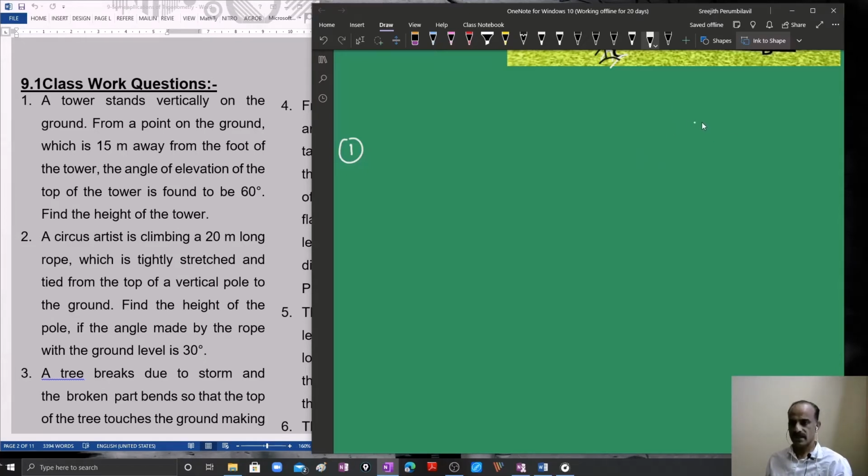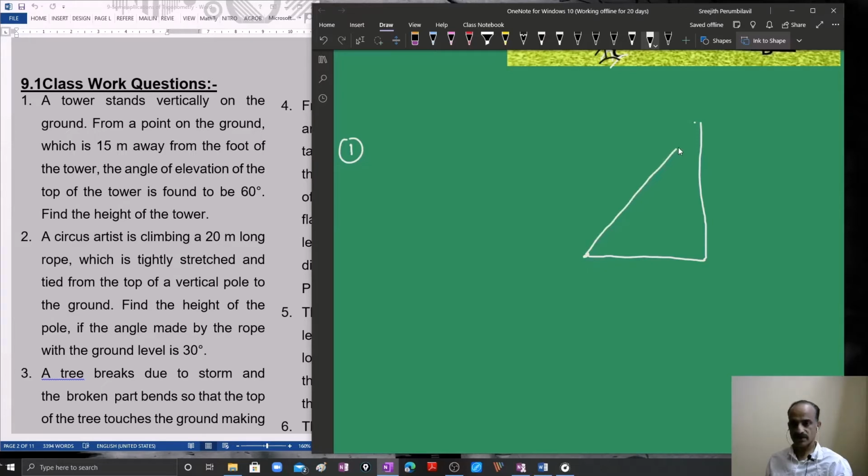A tower stands vertically on the ground. From a point 15 meters away from the foot of the tower, we can consider this as the tower. This is the point. The angle of elevation of the top of the tower.